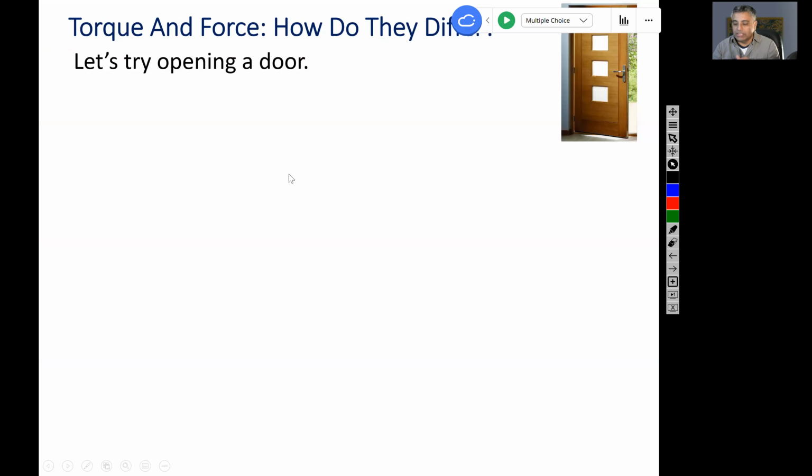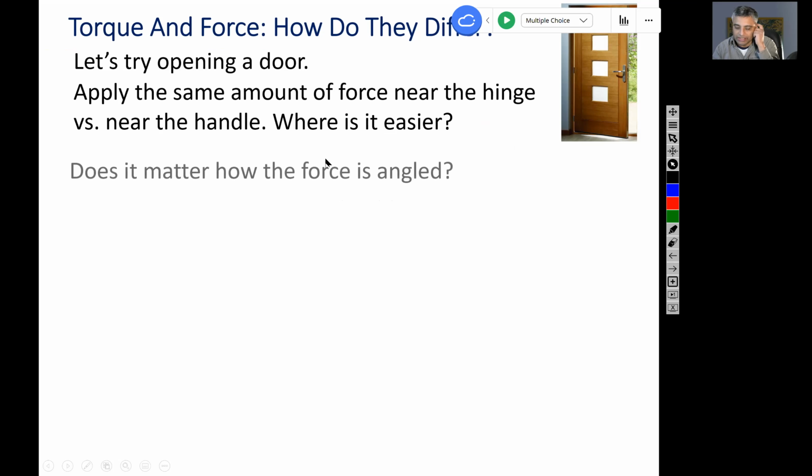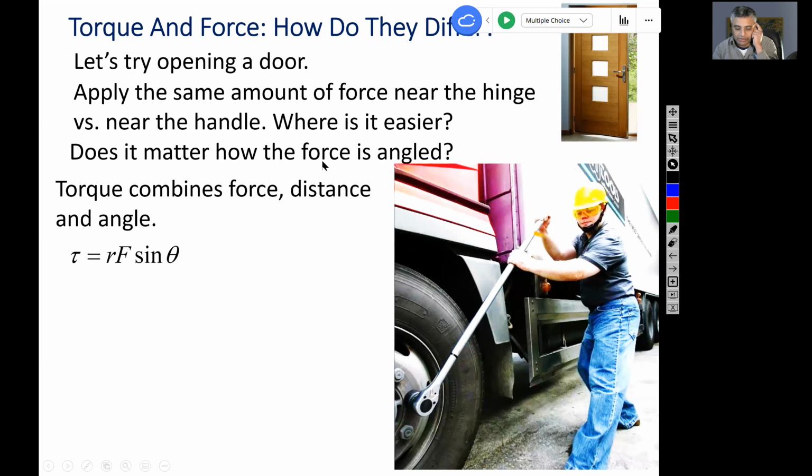Okay. So it's basically the same thing, but here it is stationary, right? So we already talked about it, so I don't need to do that. So what it means is, it's not just the force that matters, but where you apply force and what direction you apply force matters.